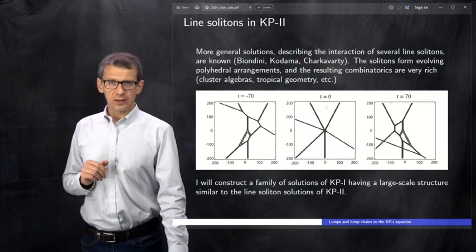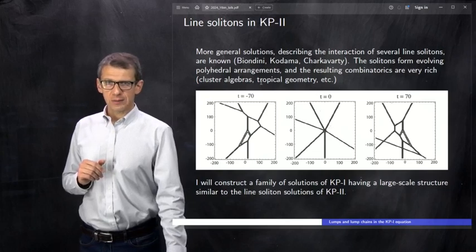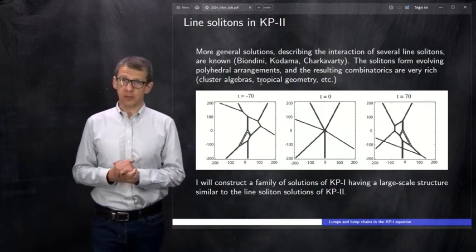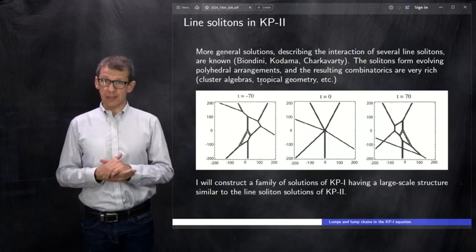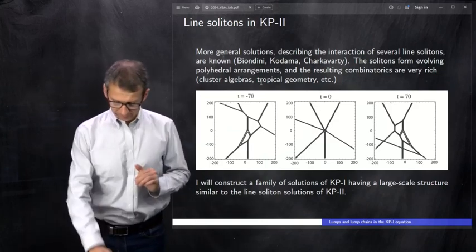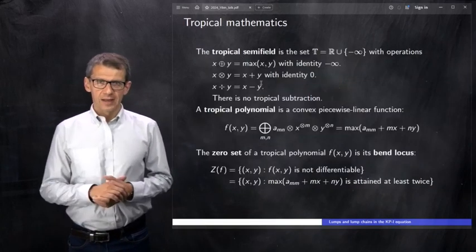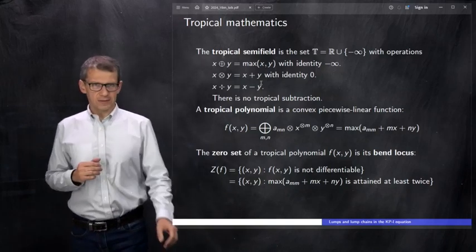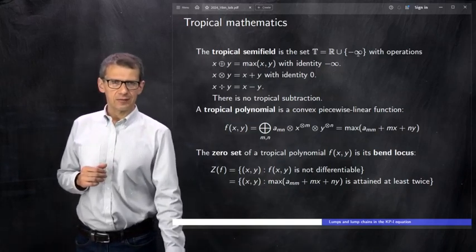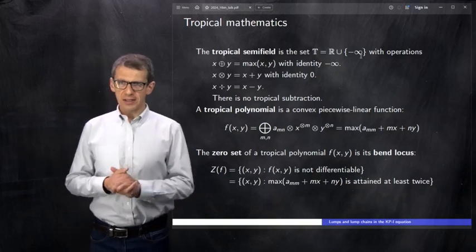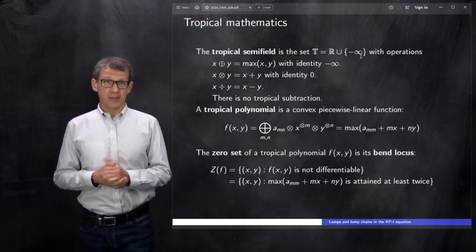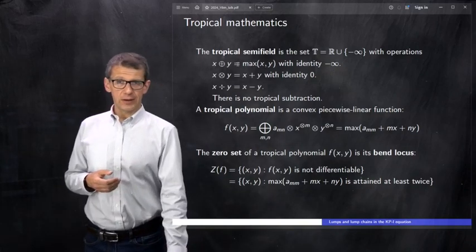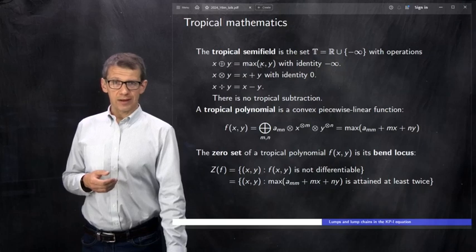Okay, but I first want to talk a little bit about tropical mathematics, because this is a really good place where this subject can be brought into the theory of integrable systems. So what is tropical mathematics? Imagine taking the field of real numbers, adding -infinity, and introducing different arithmetic operations on it. Instead of adding, when we add two numbers tropically, we take their maximum.